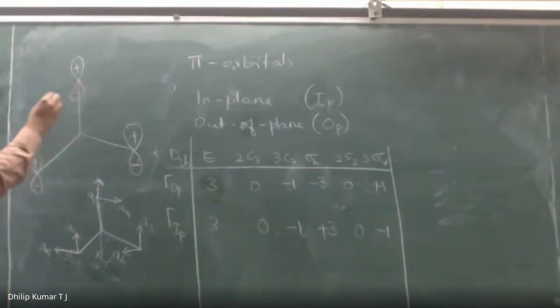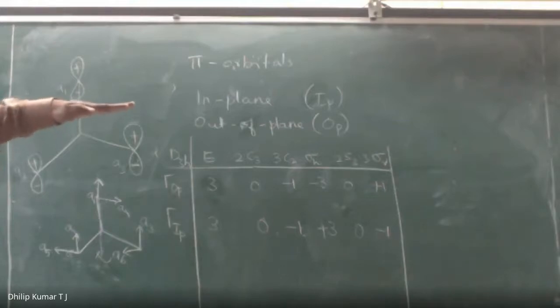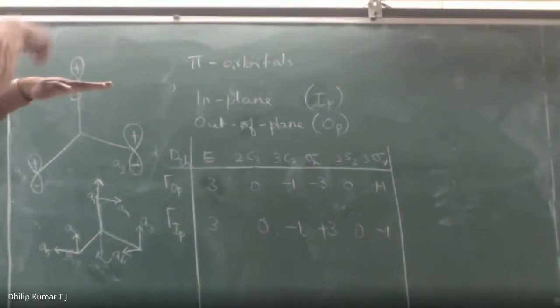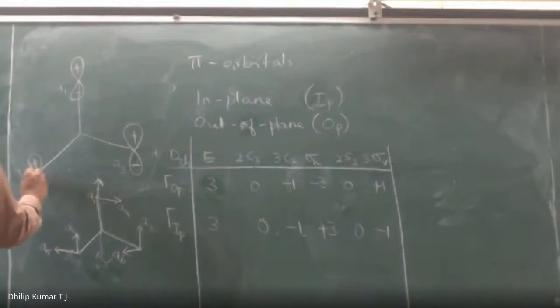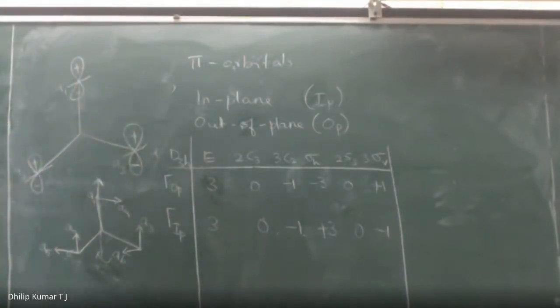I'm just writing this is A1, this is A2, this is A3. Say you take the molecule like this, and then you have 3 pi lobes, 1, 2, 3, 3 positions, which are just coming out of the plane. That's the out of plane lobes, right? So if you apply a plane, you're going to cut this into 2, this into 2, this into 2, right? So it will just cut into half.